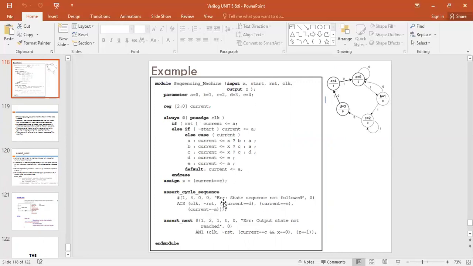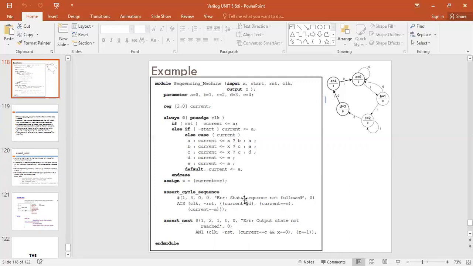In this one we are asserting first the assert underscore cycle underscore sequence. Which sequence are we writing? Which one is the current state: current state equal to D, current state equal to E, current state equal to A. Which state is the current state, that we are checking here. Is it following the sequence or not, that message will be given by the assert underscore cycle underscore sequence.